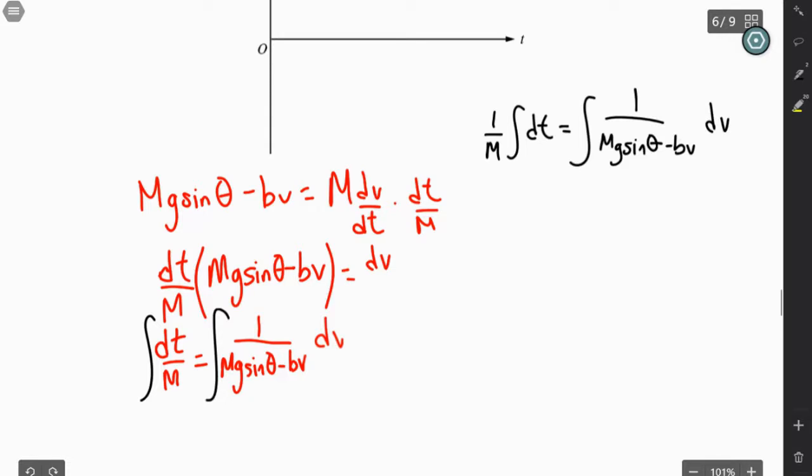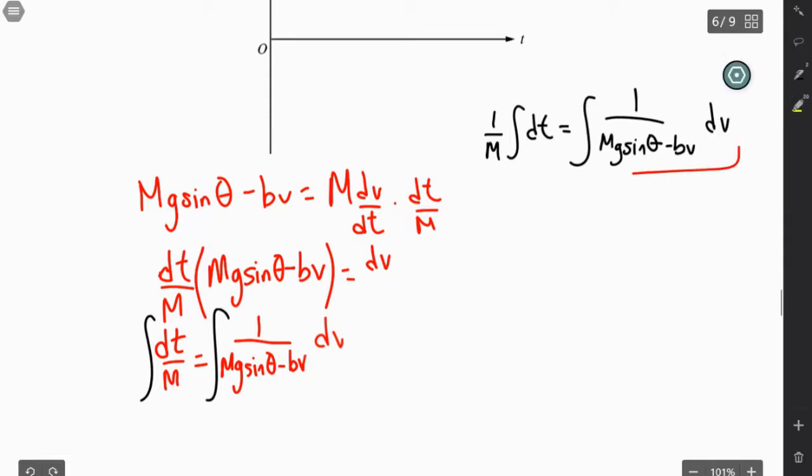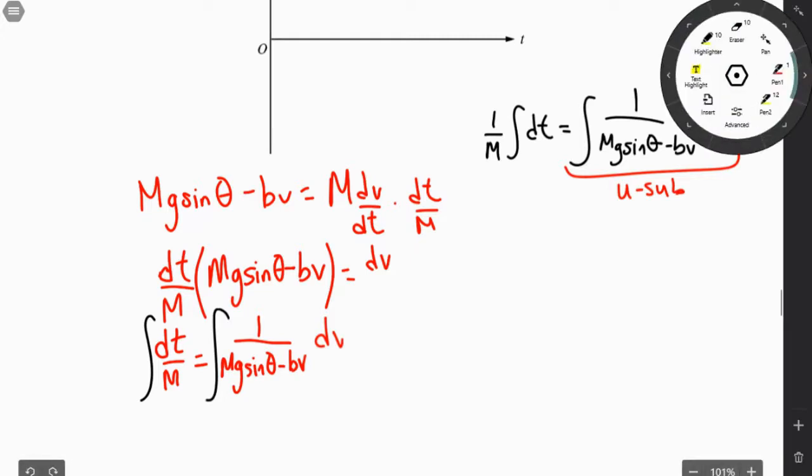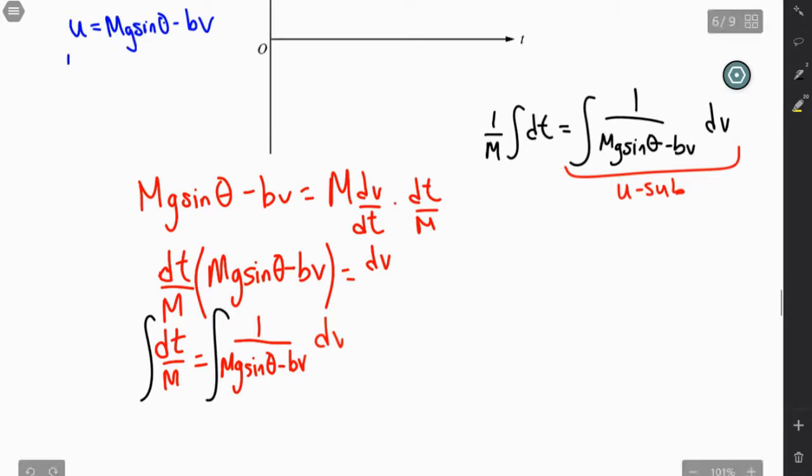Now for this integral, I have to do u substitution. I'll do it in a different color off here to the left. So I'm going to say u equals mg sine theta minus bv, and then the process is to take the derivative.